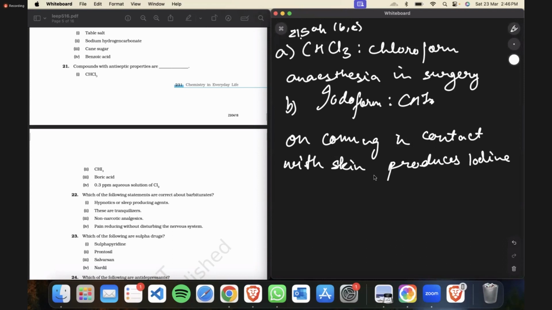So it is used as an antiseptic for wounds.